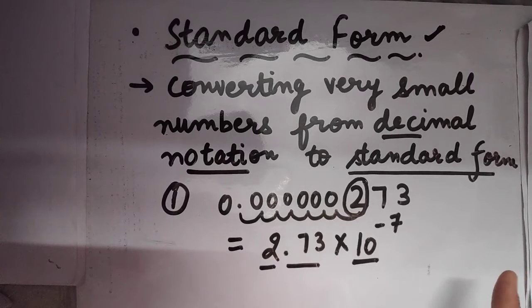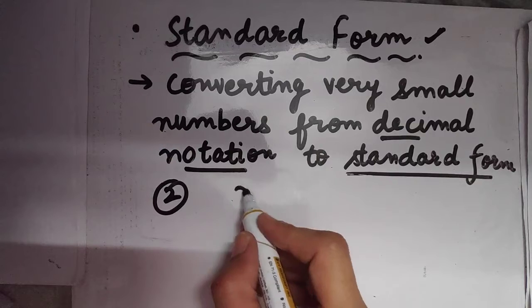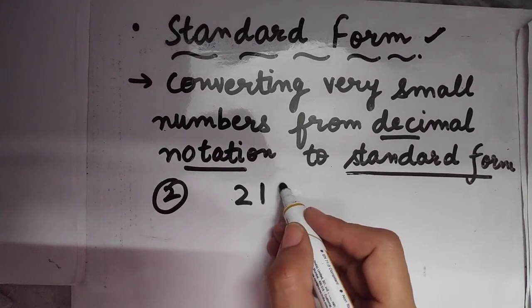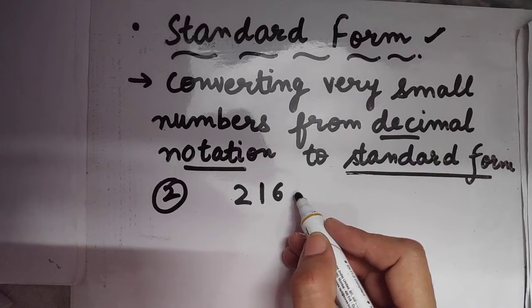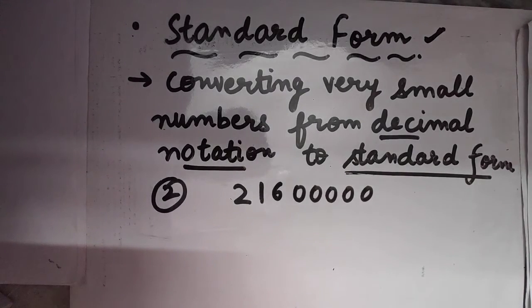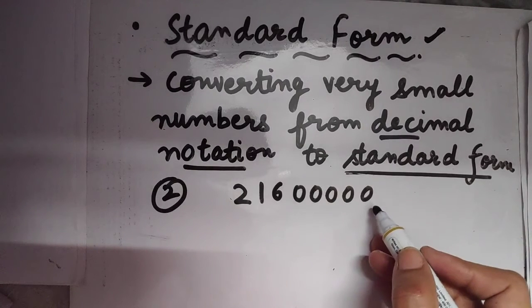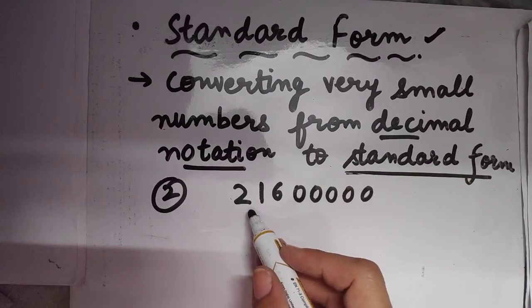This is the first type of numbers in which you are supposed to convert the numbers into standard form. Now, what if the decimal is not at all given to you? Like the number I am taking, 216 and these many zeros. So here, when no decimal is present, you are supposed to move the decimal from right to left till you get the last digit.